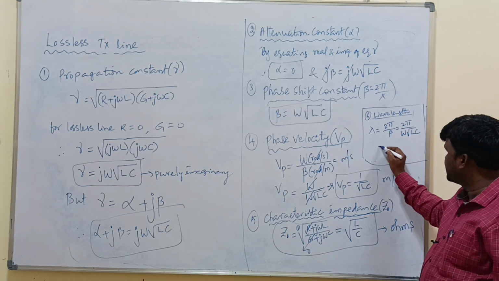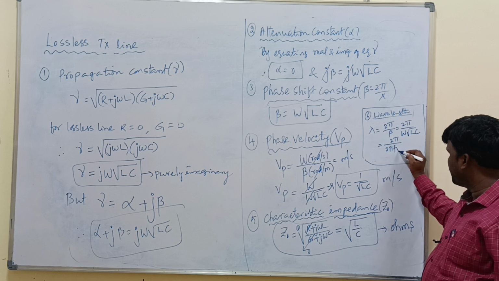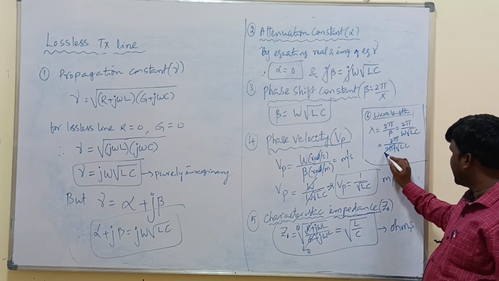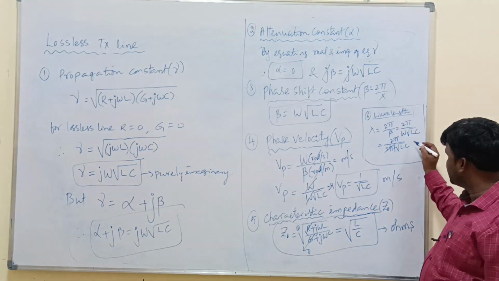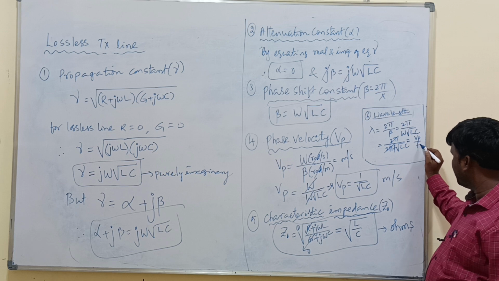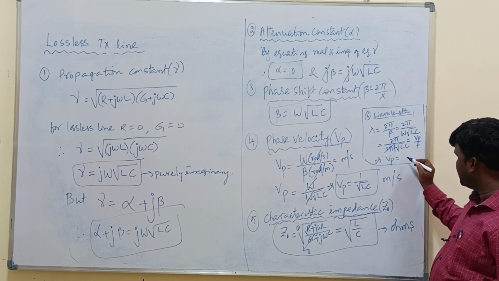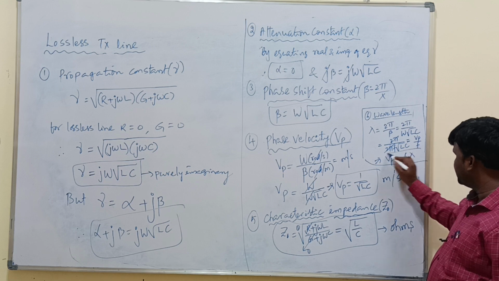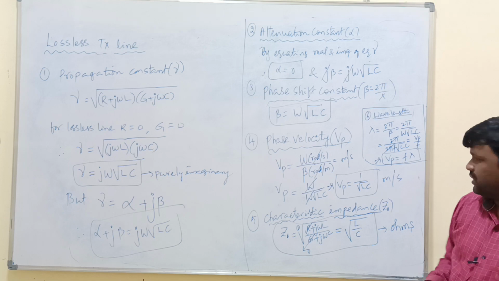We can write omega as 2 pi f, so it is 2 pi f root LC. The 2 pi cancels. Here it is 1 by root LC, which is equivalent to Vp divided by f. That is, Vp is equal to f into lambda. This relation indicates that frequency and wavelength are inversely proportional to each other.